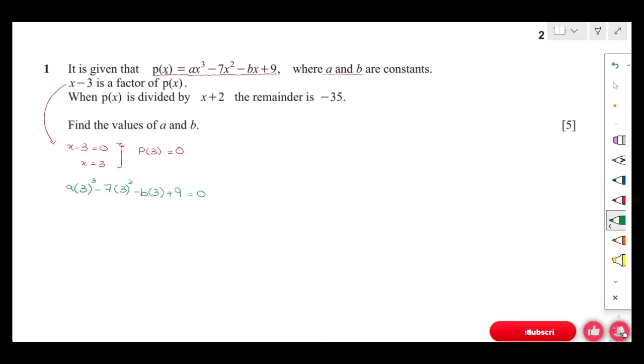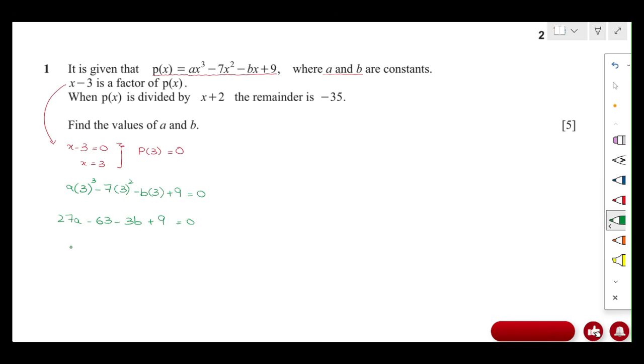So p of 3 means x is replaced with 3 and we put this equal to 0. So 3 cube is 27, so 27a. 3 square is 9, and 9 times 7 is 63. Negative 63, minus 3 times b is 3b, plus 9, that is equal to 0.